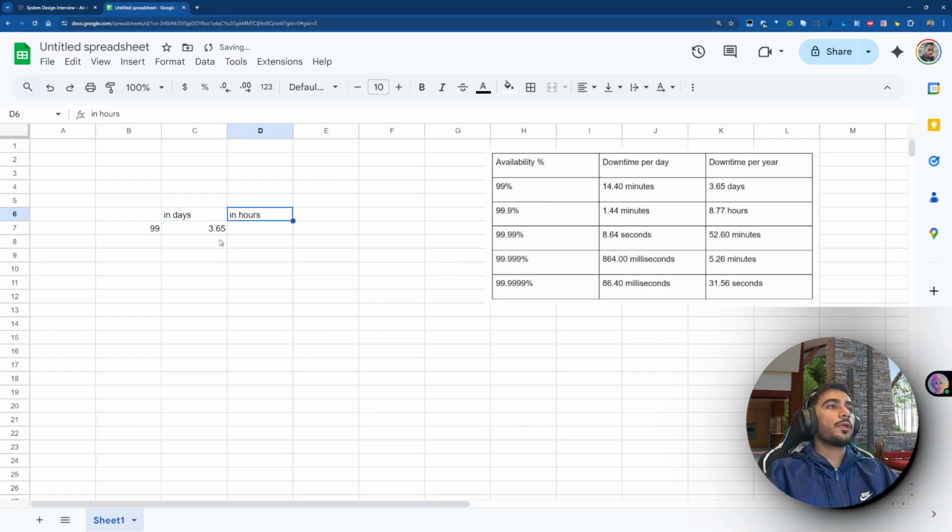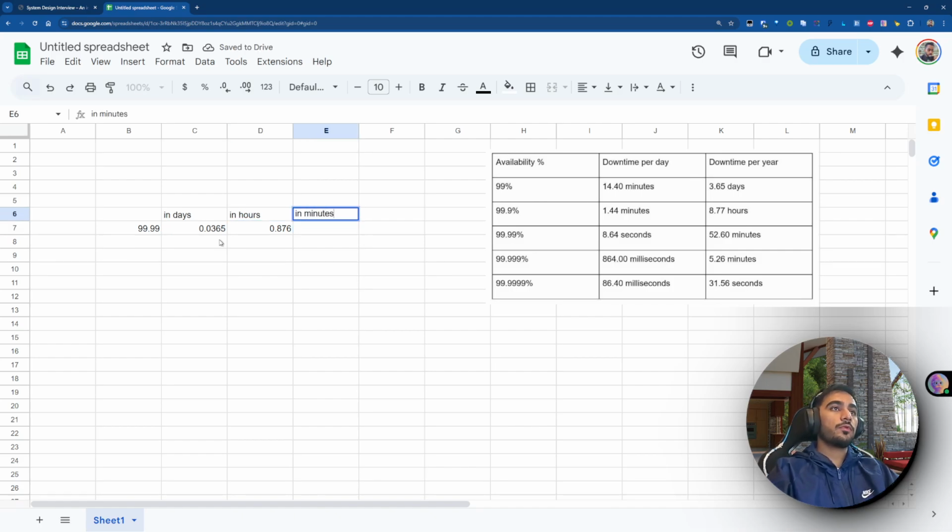In hours, it becomes the same formula. But for 99.9, it becomes 8.76 hours. Then for 99.99%, it becomes 0.876 hours.